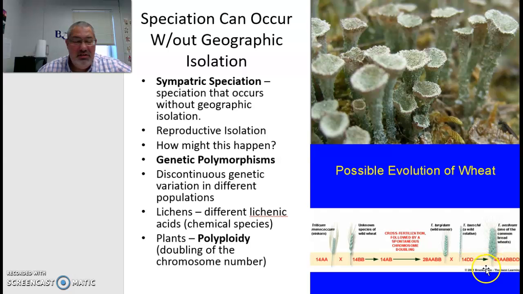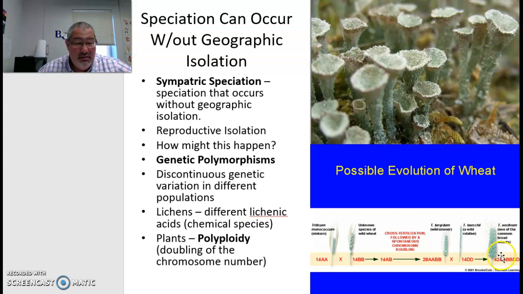A population doubles its chromosome numbers, as you see in what's called bread wheat, Triticum aestivum. And by doubling the chromosome number, which is a type of chromosomal mutation that's called an aneuploidy, and in this case, by doubling them, it's referred to as a type of aneuploidy called polyploidy, where the chromosome number is doubled. It could be quadrupled for that matter.